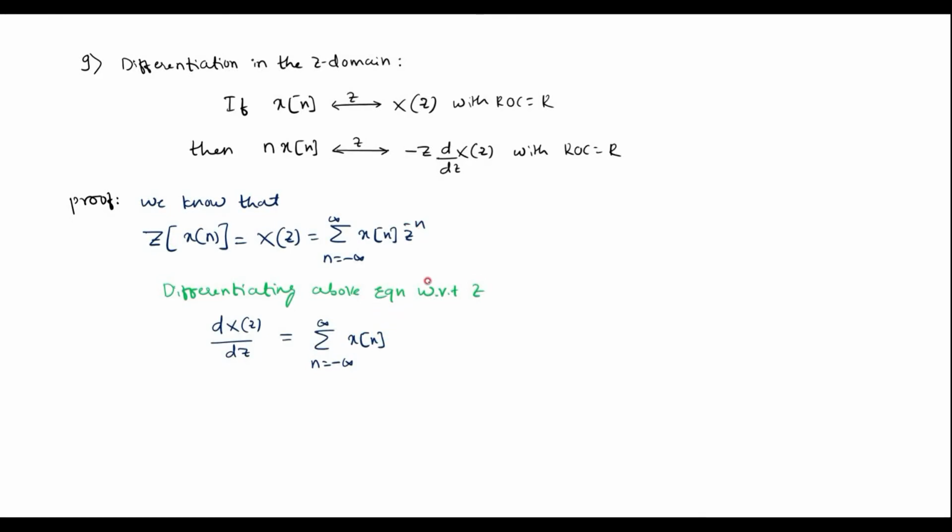Differentiation of z power minus n is minus n z power minus n minus 1.